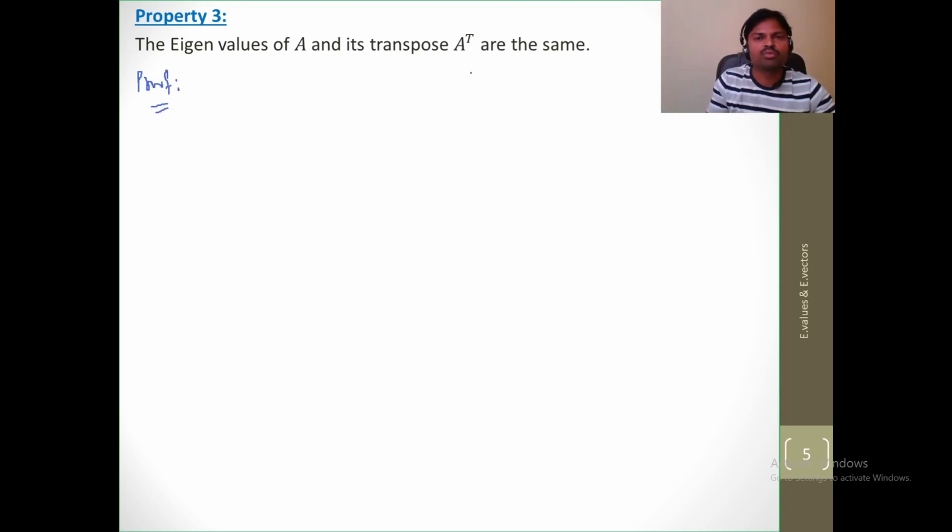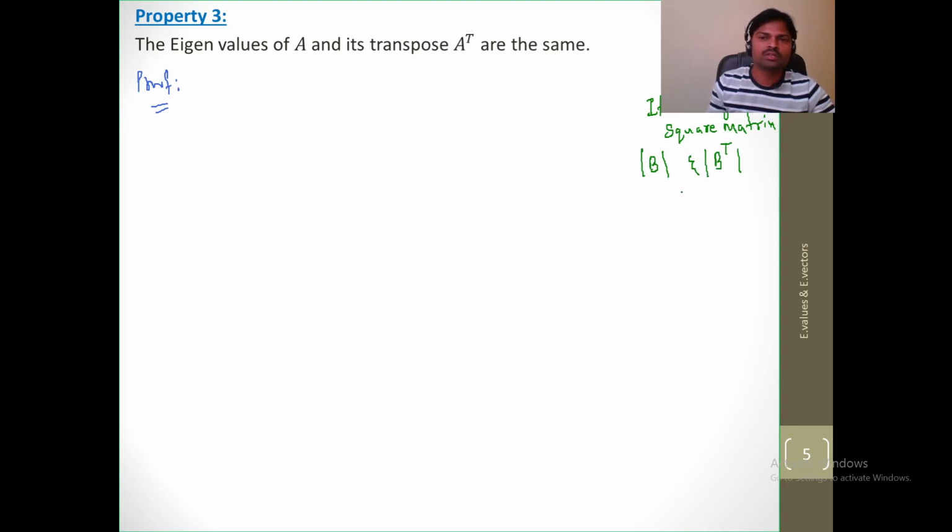Before entering into the proof, you need to know two things. For example, let me write here: if B is any square matrix, what can you say about the determinant of B and the determinant of B transpose?